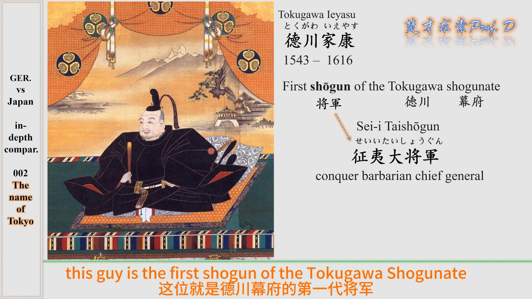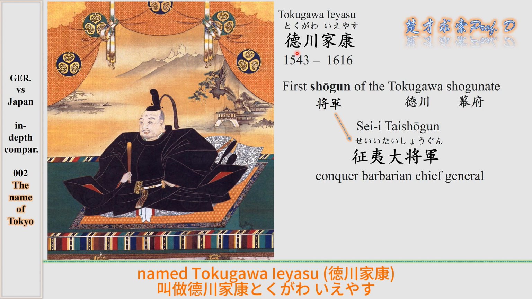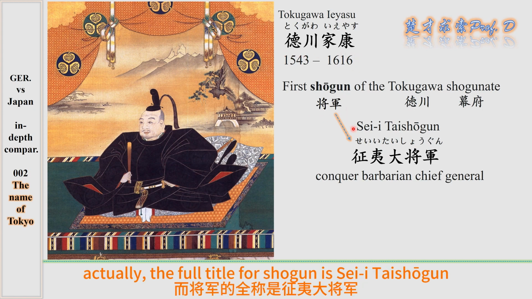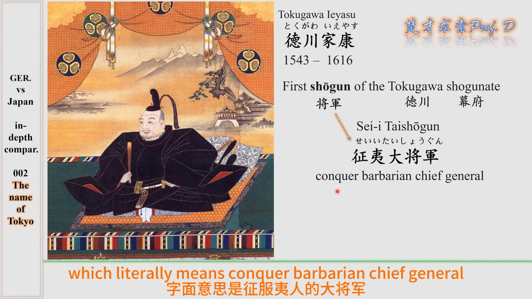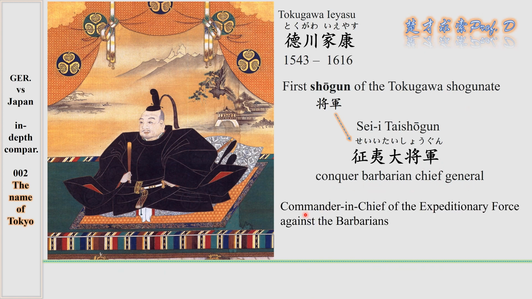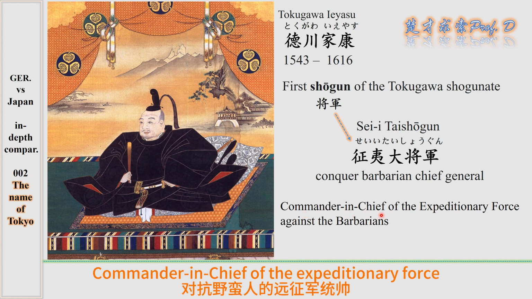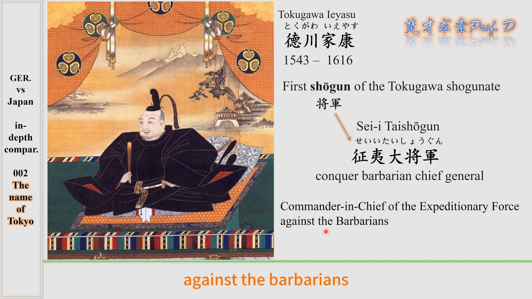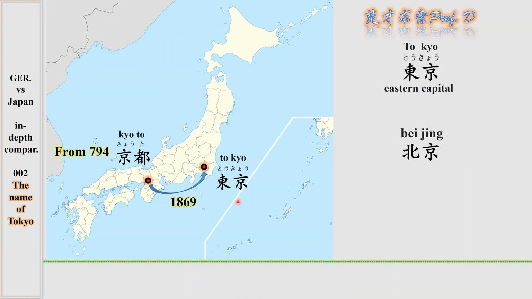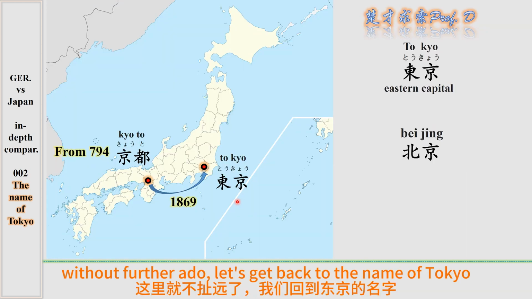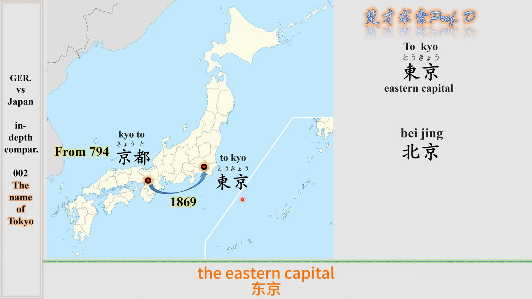And this guy is the first shogun of the Tokugawa shogunate, named Tokugawa Ieyasu. Actually, the full title for shogun is Sei Taishogun, which literally means conquer barbarian chief general, and can therefore be fully translated as commander-in-chief of the expeditionary force against the barbarians. Without further ado, let's get back to the name of Tokyo, the eastern capital.